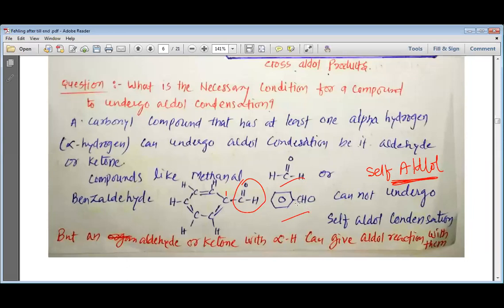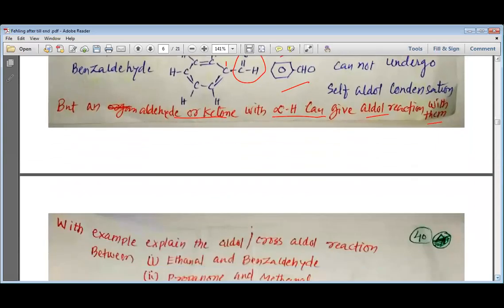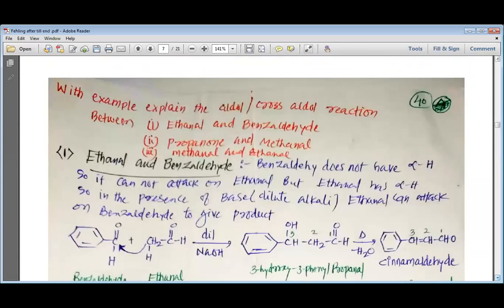The first product is the self-aldol of the compound that has the alpha hydrogen, and the second product is where the compound with the alpha hydrogen attacks either methanal or benzaldehyde. So an aldehyde or ketone with alpha hydrogen can give aldol reaction with them, and that is why we can have the cross-aldol products obtained from methanal or benzaldehyde. But please remember, benzaldehyde or methanal do not give the self-aldol condensation.